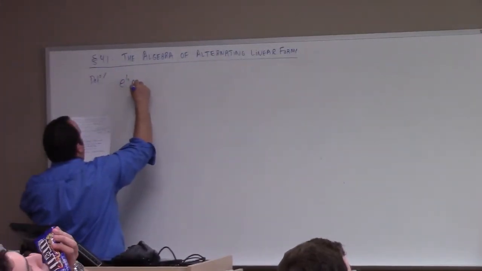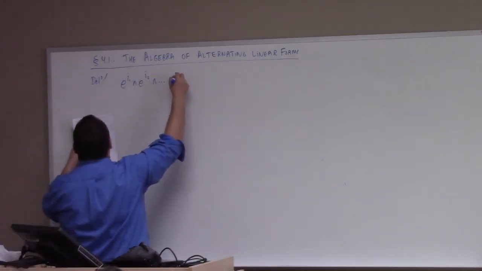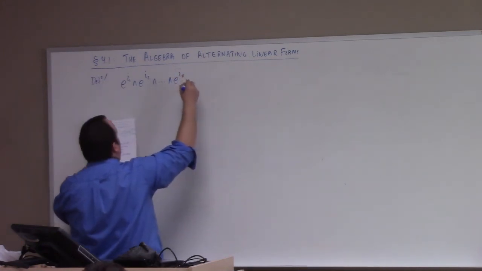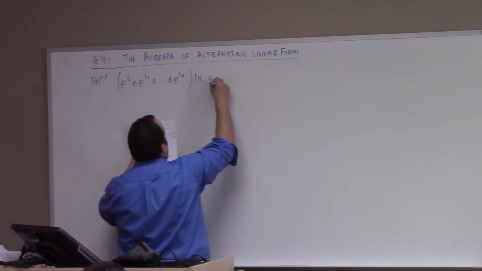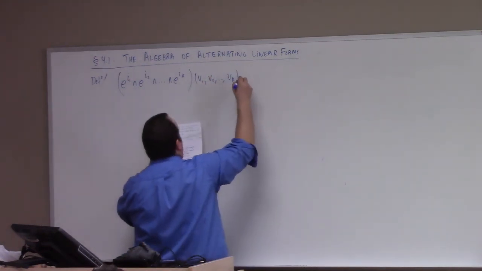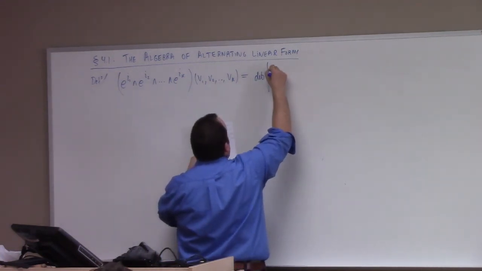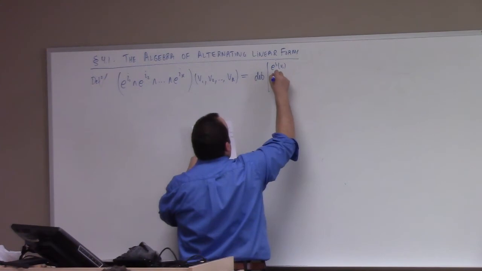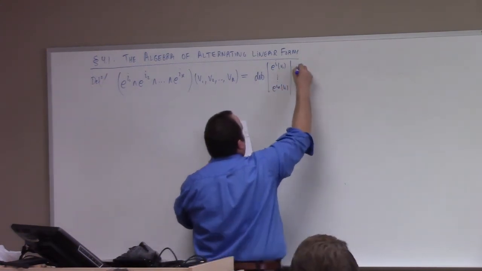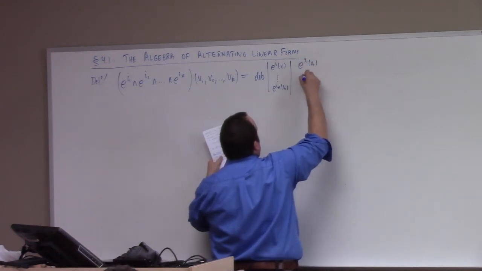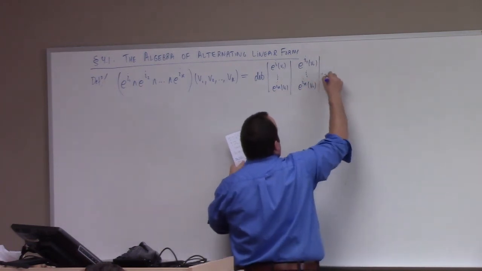E^I1 wedge E^I2 wedge and so on wedge E^IK acting on V1, V2, up to VK is equal to the determinant of the matrix with entries E^I1 V1, E^IK V1, E^I1 V2, E^IK V2, and so forth.